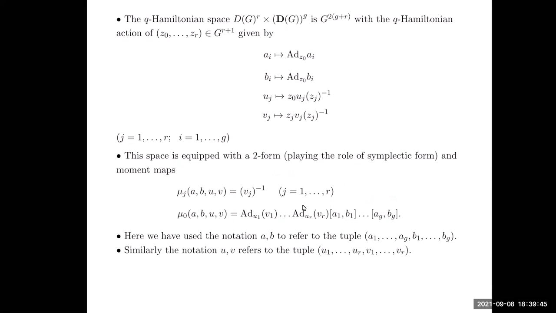These moment maps play the role that if you restrict to level sets of these moment maps and then quotient by the group actions, you recover the character varieties. And you may recover the Poisson structure or symplectic form on the character varieties from the quotient construction. That was the work of Alekseev, Malkin, and Meinrenken in the paper that I cited.